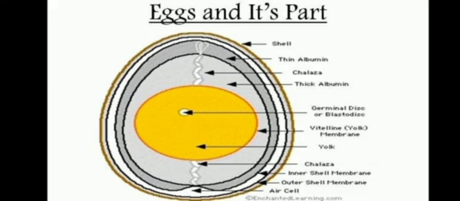So samtang nanggawas ang moisture or carbon dioxide, ang air mosulod ug mo-replace, and the air cell becomes larger. So that's all for the eggs and its parts.